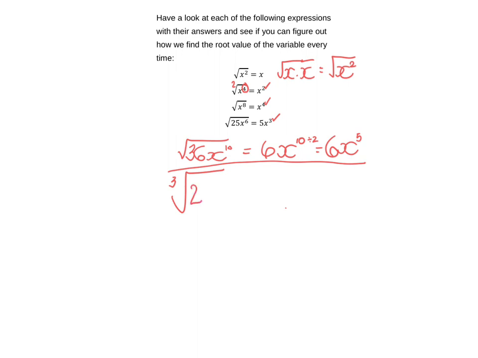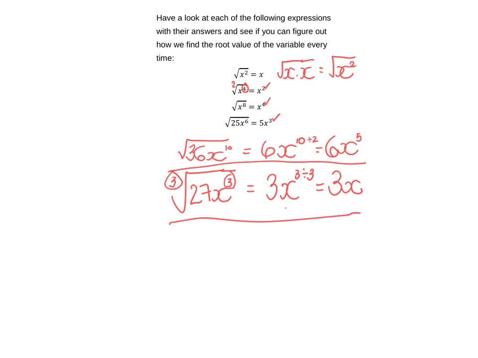So if I have 27x to the power of 3 cube rooted, we would have the cube root of 27. You ask yourself, what times what times what gives you 27, and that is 3. And then for cube rooting x cubed, you divide 3 by 3. So it's x to the power of 3 divided by 3 technically, and that gives you 3x to the power of 1, which technically we don't write.